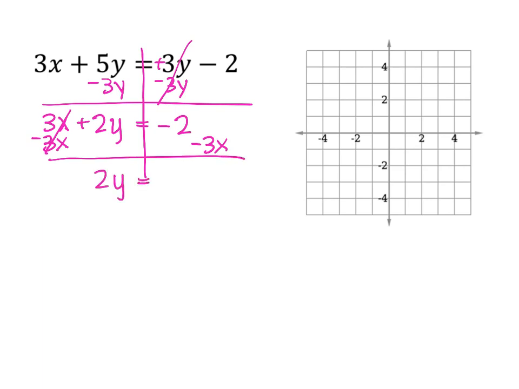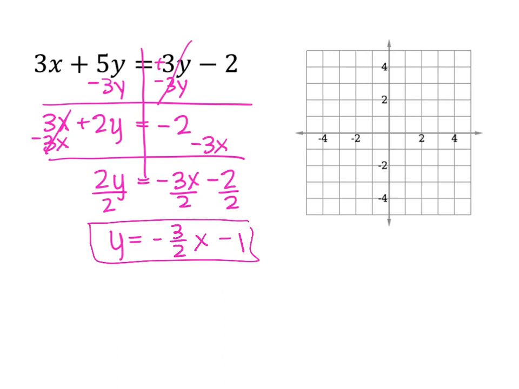If I want it in slope-intercept form, y equals mx plus b, I want to make sure I put my -3x first and then the -2. And finally, if I divide everything by 2 to get y by itself, I get that y is -3/2 x minus 2 divided by 2 is 1.